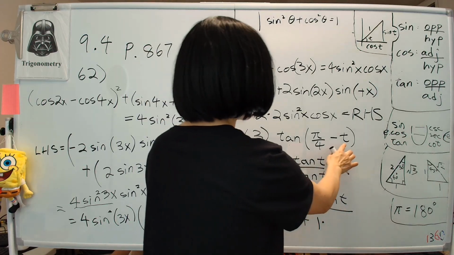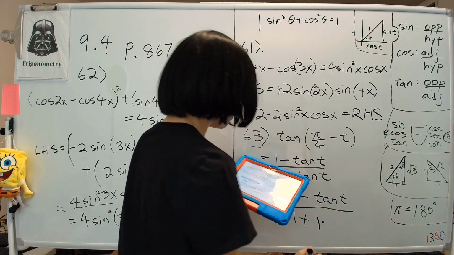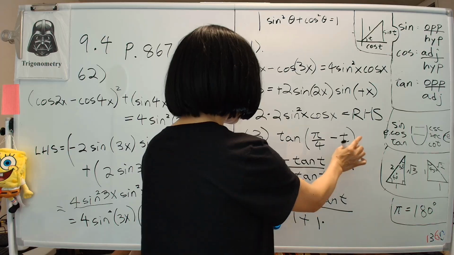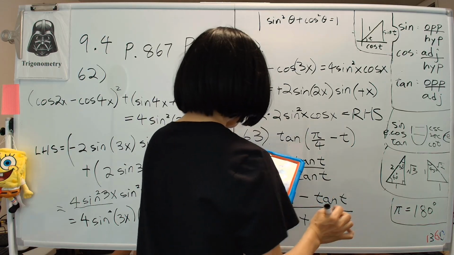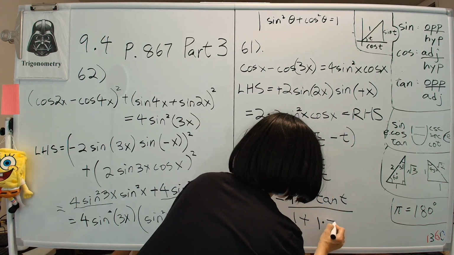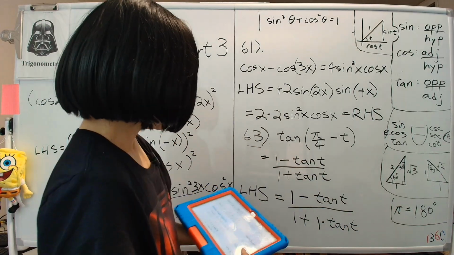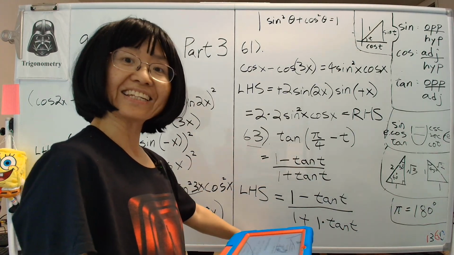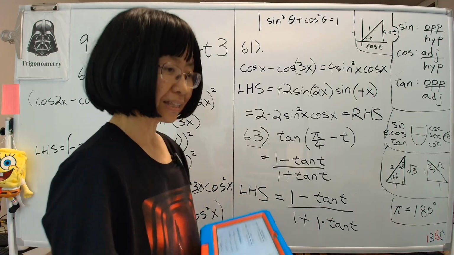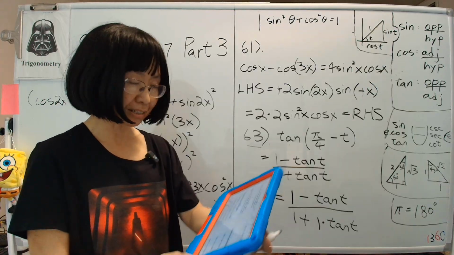Not minus t, just t, because we're following the alpha minus beta formula, so beta is just t. So tangent beta is tangent t. And that is exactly the right-hand side. So, therefore, we are done, finally, with this section.